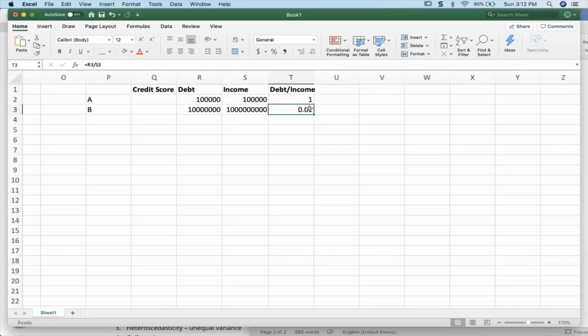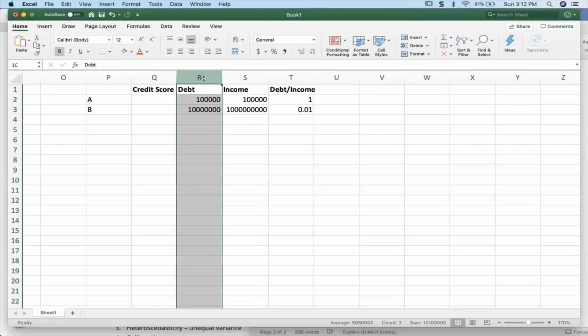Not just ICICI Bank, HDFC or SBI, any bank on the planet will have access to the same kind of data. Everyone will have information about the debt and income of everyone. But the person who does feature engineering and considers important variables will win. So you'll say, I'll not use only debt, I'll also use income.